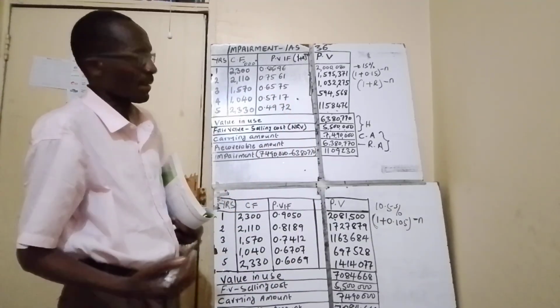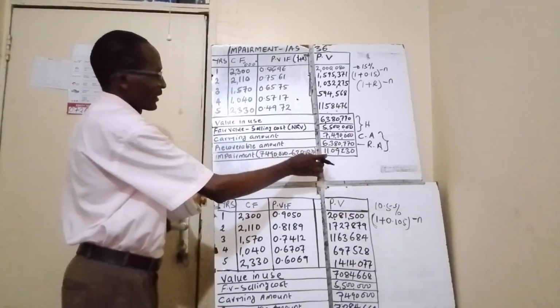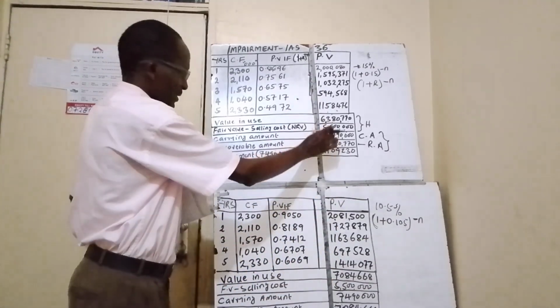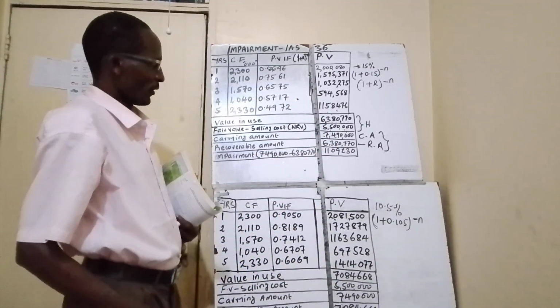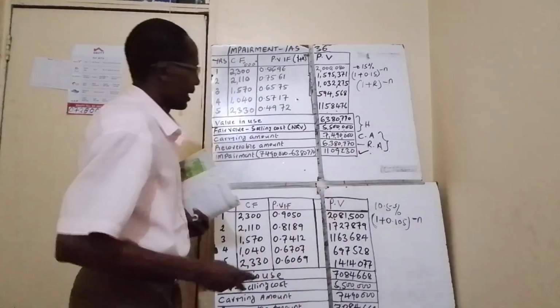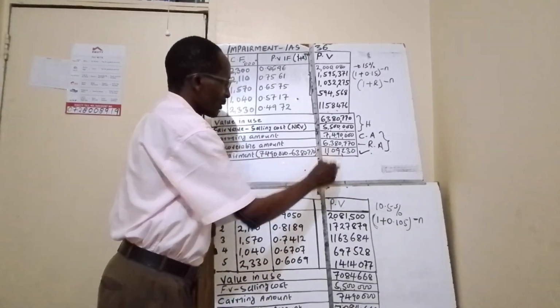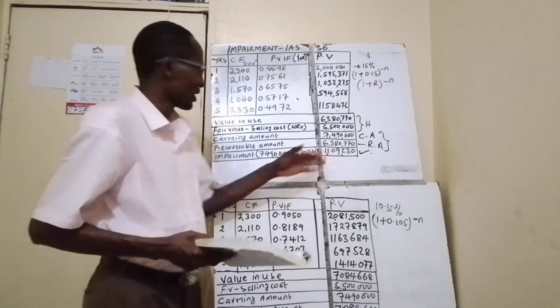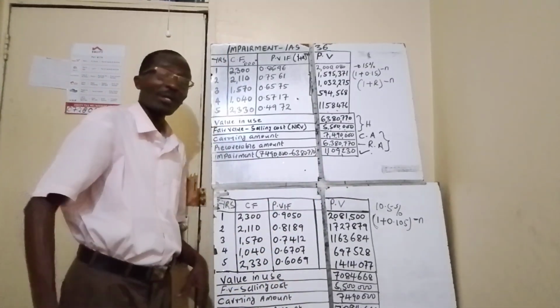So what is my impairment? The difference, that is 7,490,000 minus 6,380,770, and my impairment is 1,109,290. So that is the impairment. So we are able to calculate our impairment.